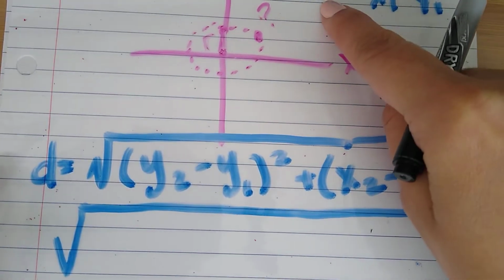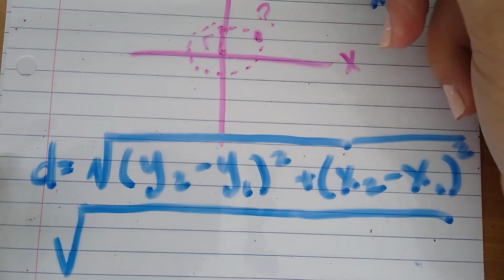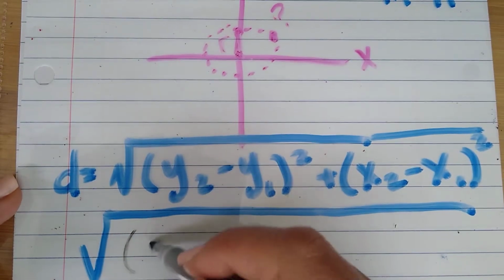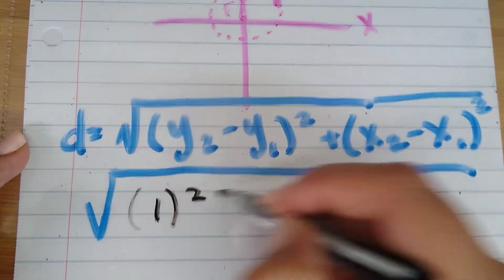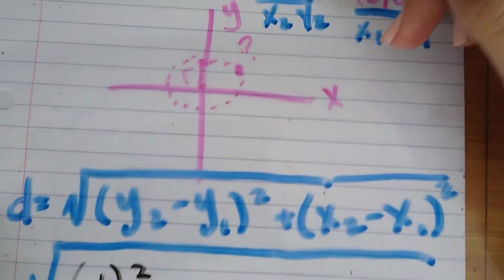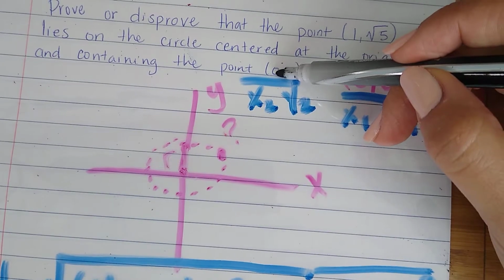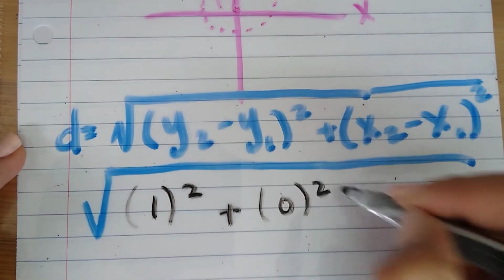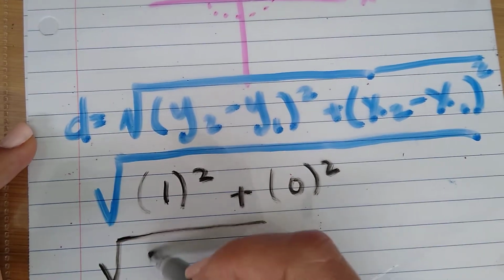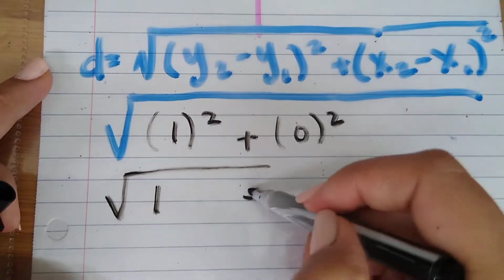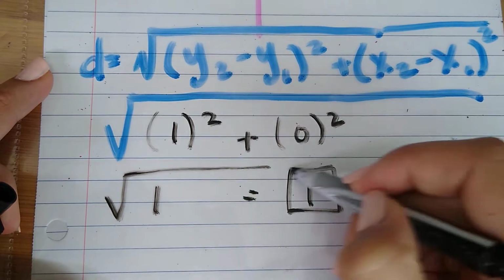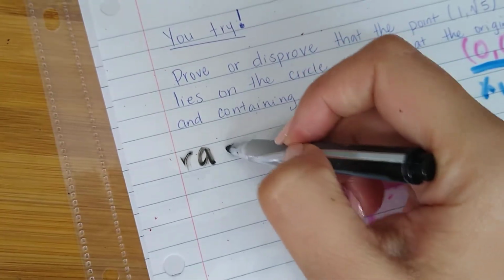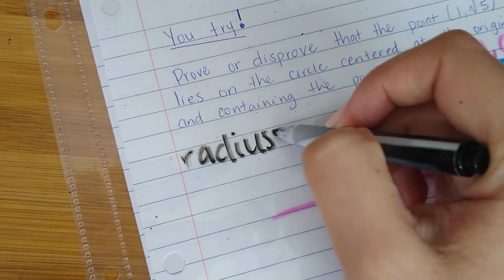So, y2 minus y1, that's 1. 1 minus 0 is just 1 squared, plus x2 is right over here, minus x1, that's just 0 squared. So then the square root of 1 is just 1. That means my radius here, I'm going to go ahead and write that here. My radius is 1.